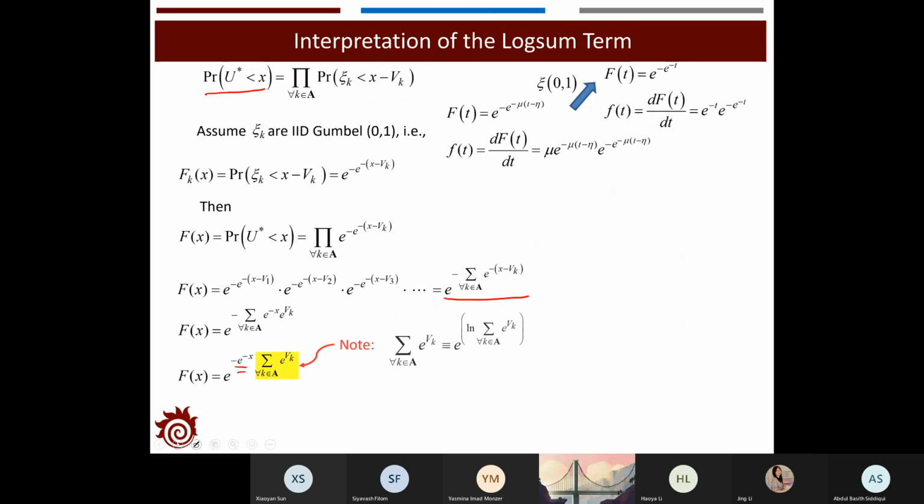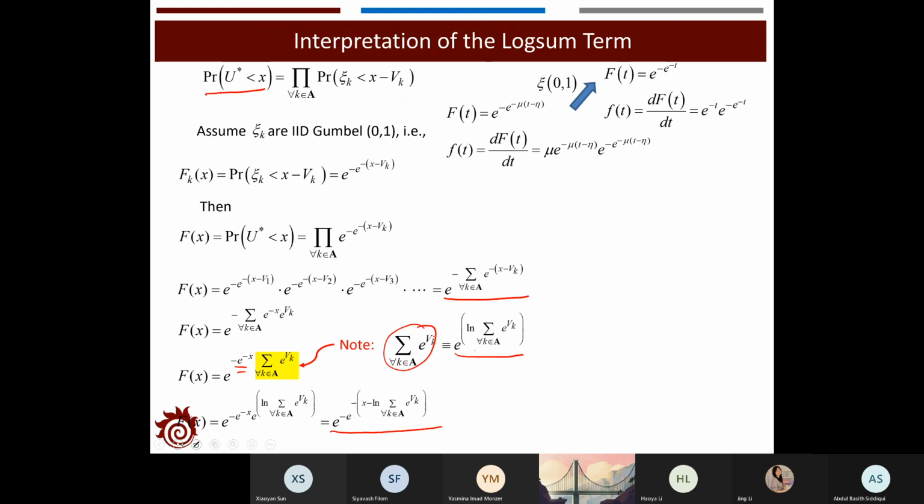By writing the summation of the exponential terms as an exponential of the log summation term, you can simplify the formula as exponential of minus X minus log summation of exponential Vk.